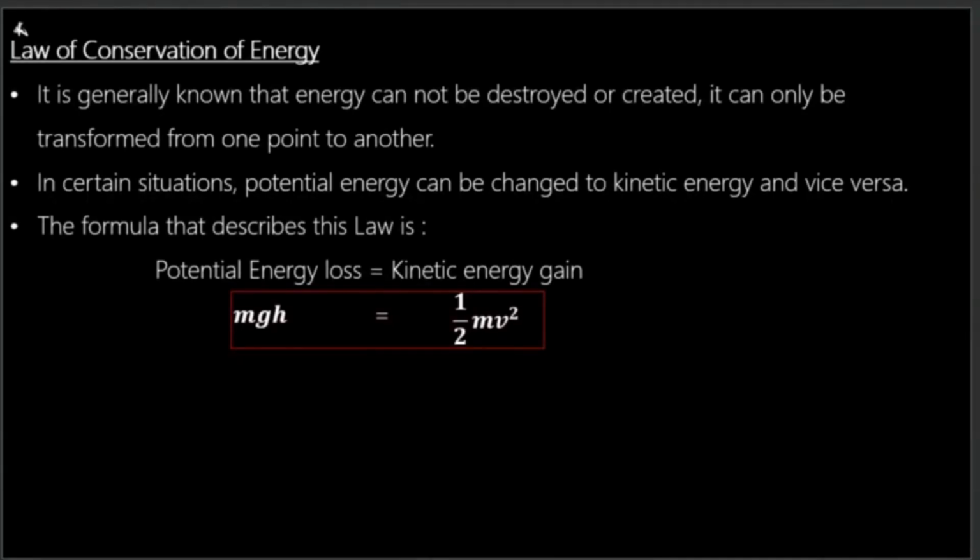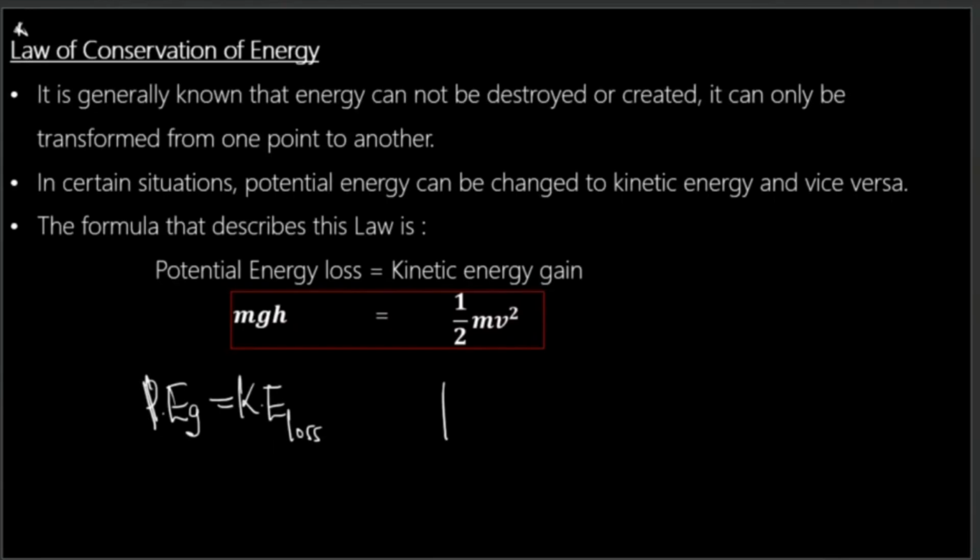So we're going to be looking at this. Sometimes you might have a formula where you are being asked to determine a potential energy, and then you have to write it as gain in potential energy. So with a gain in potential energy, of course, there won't be gain in kinetic energy. There will be loss in kinetic energy.